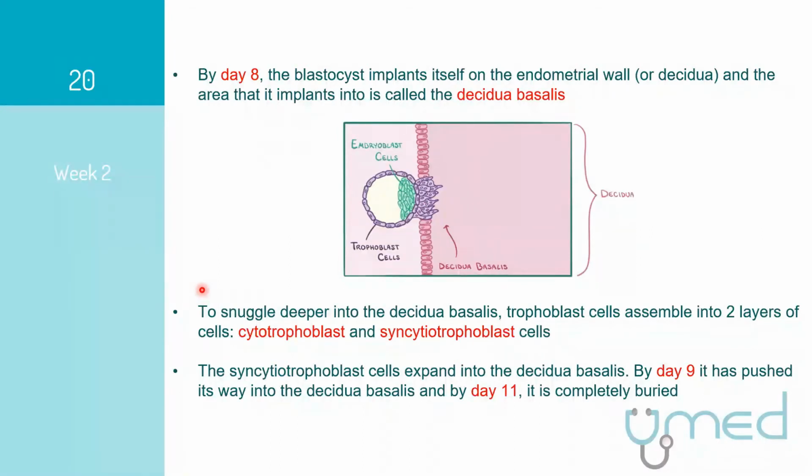And by day 11, it will be completely buried. So you'll see this being all here, with a little piece sticking out there, and then we'll have what you call a fibrin plug being formed at this area, and we'll see that later. All right, everyone good?